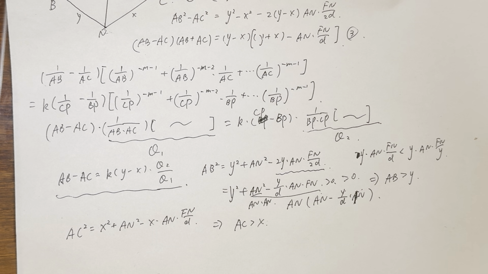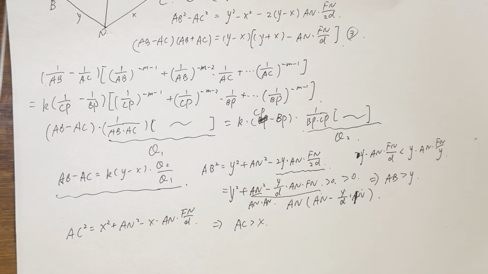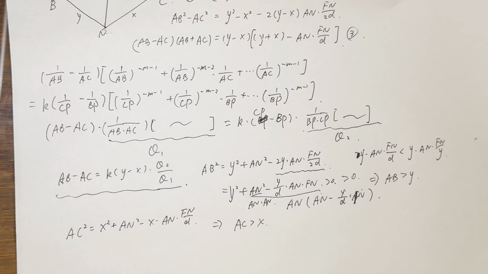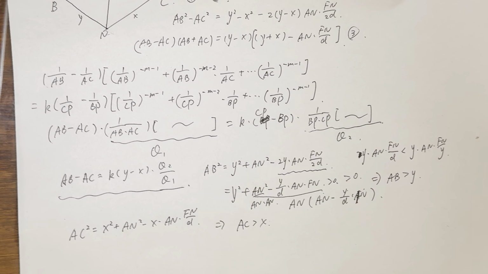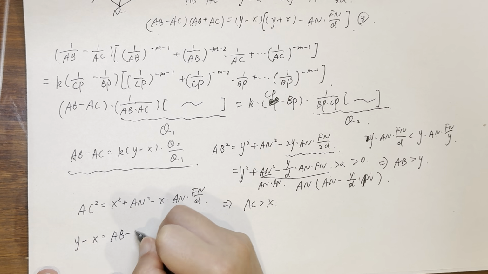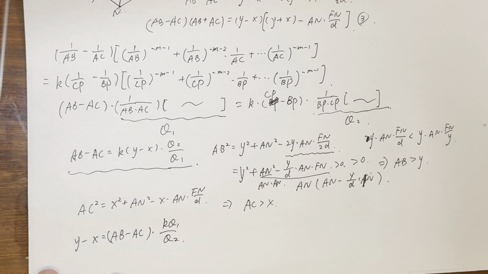We can replace AB minus AC or we can replace y minus x, right? But actually for this problem we don't want to replace AB minus AC because we want to prove it equals 0. So we need to replace y minus x. So we have y minus x equals AB minus AC times KQ1 to Q2.